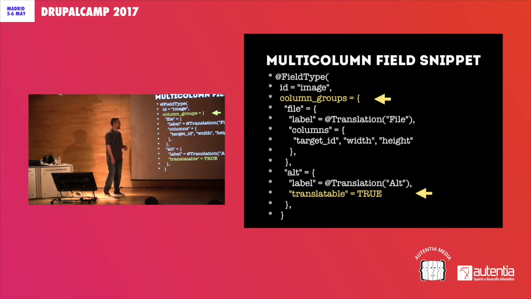So in this case, for setting the defaults for your field and allowing the user to configure it with more granularity, you just define translatable true in the column group that you want to translate by default. Again, the site builder in the config translation interface can change this.